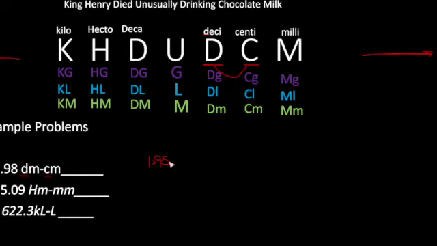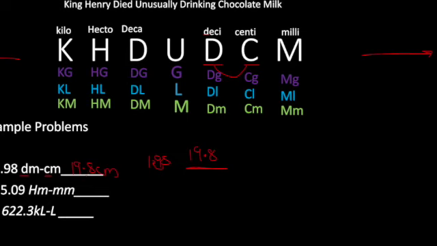So let's move our decimal one place to the right, and you'll get 19.8. That is going to be our answer. Because we're converting deci to centi, our answer will be 19.8 centimeters.